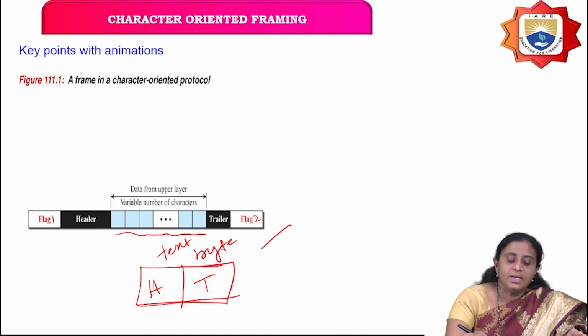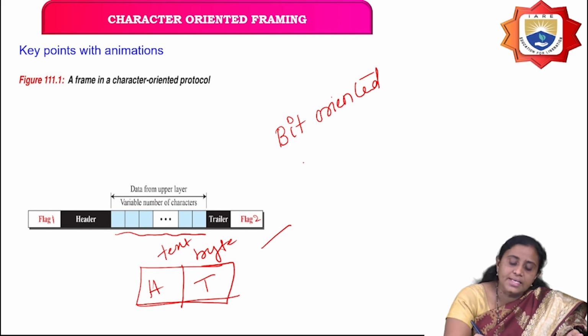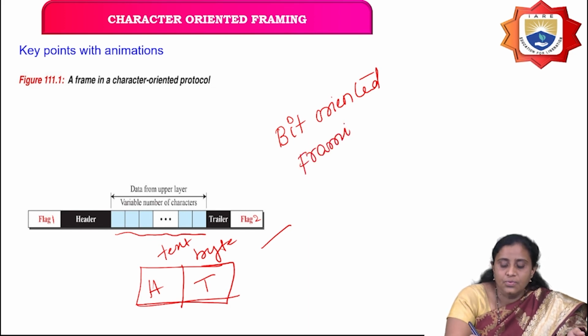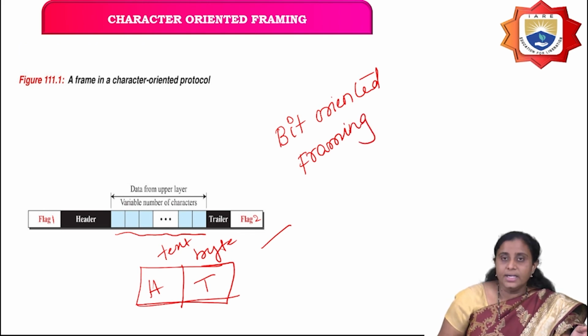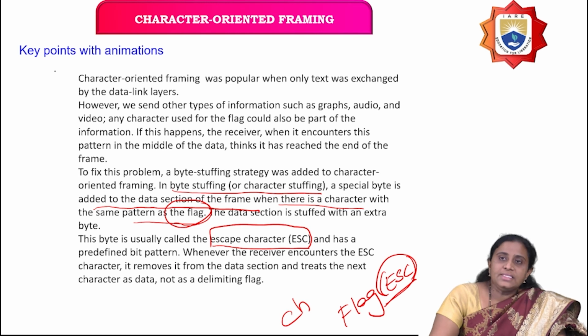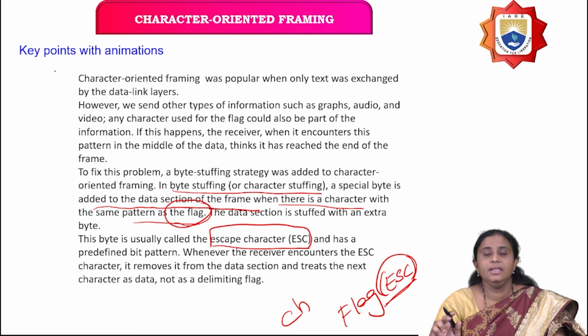After this, we have to identify bit oriented framing. There are few similarities between character oriented framing and bit oriented framing. In character oriented framing, only text was exchanged by the data link layers, but in bit oriented framing we have to identify that bits can be exchanged by the data link layers.